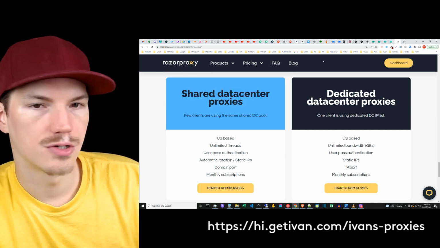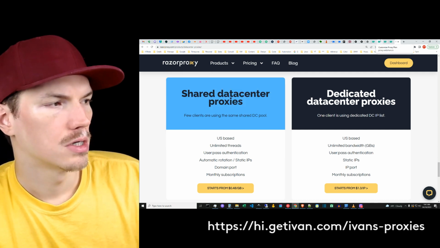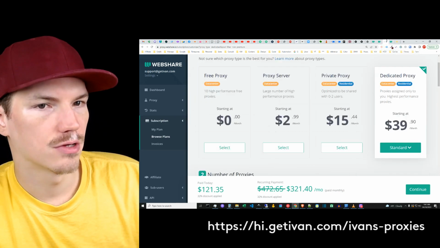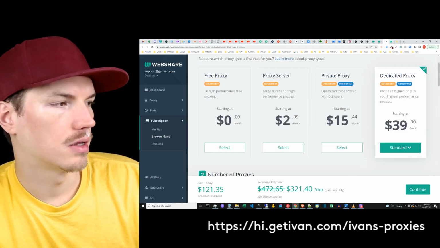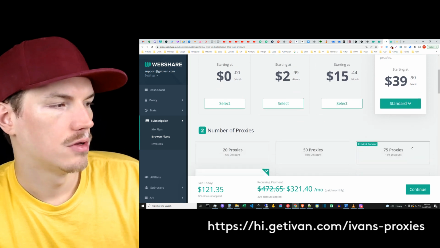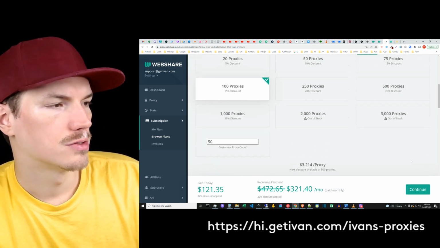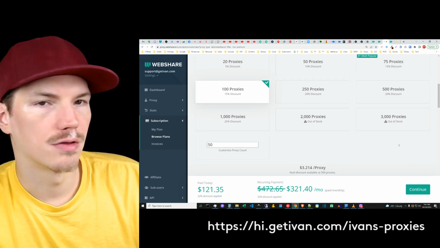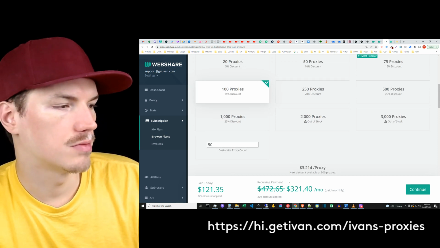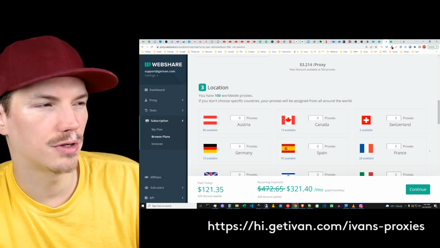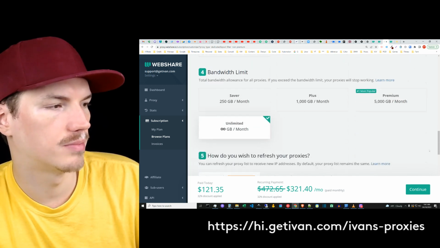Let's go take a quick look at Webshare. Now, I will say that in terms of the dedicated proxy plan, Webshare is a lot more expensive, but you also have more granular control over the features. If we look at 100 proxies, RazorProxy is going to charge 130 bucks, whereas Webshare is going to charge about 500 bucks, which is actually a pretty common price bracket for dedicated proxies.